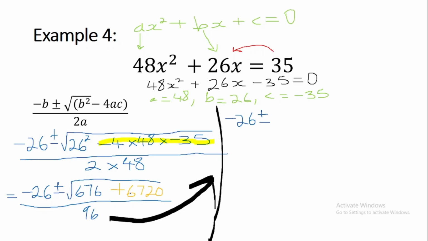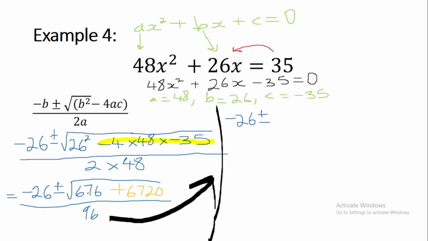So the square root, so 26 times 26 was the 676 right here, which is the 26 squared. 26 squared is 26 times 26, and 26 times 26 is going to be 676. And after multiplying all three terms right here, we got 6,720.